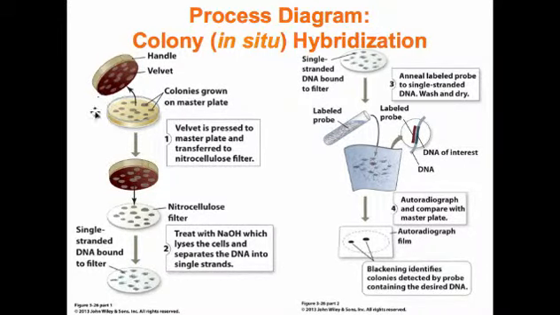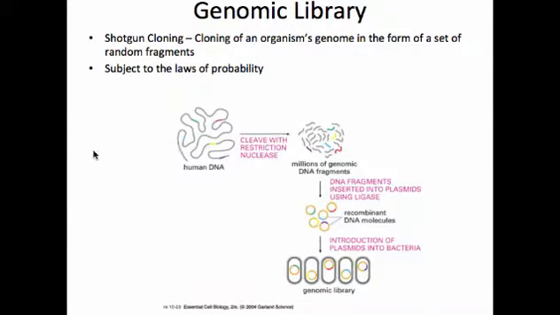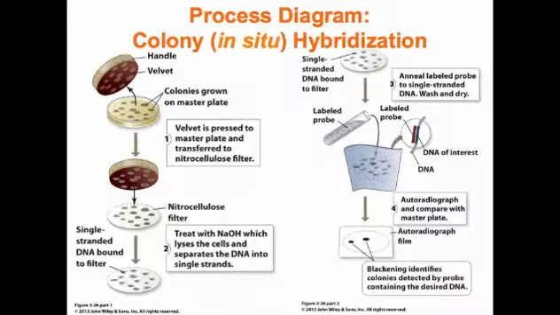And so here you can see is our colonies, and this is a master plate. So you never want to have to go through all of these steps multiple times when you want to find your DNA. And so what we do is we keep a master plate, and this can be kept in a refrigerator. When we're interested in finding our particular DNA sequence in the library, we can get basically a stamp. And this has velvet on it, so a soft surface that's not going to disrupt and break all of our colonies.